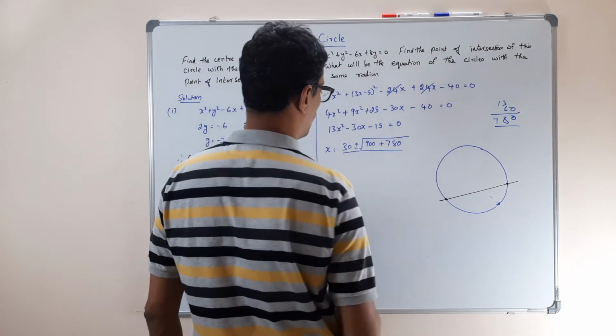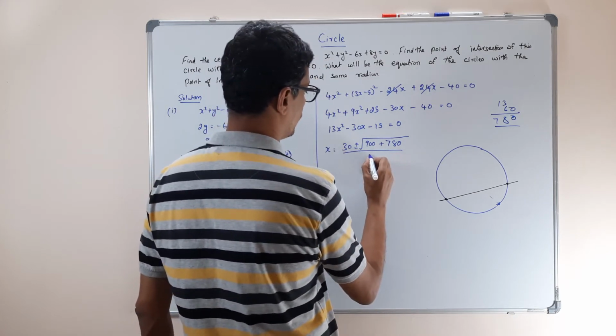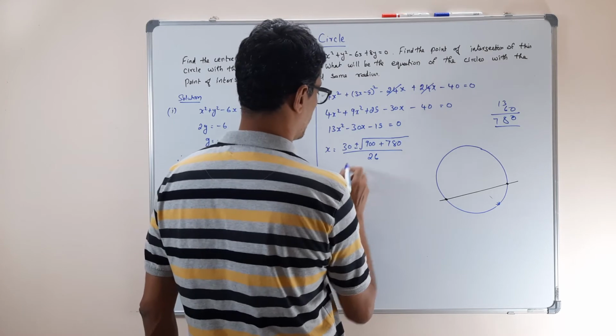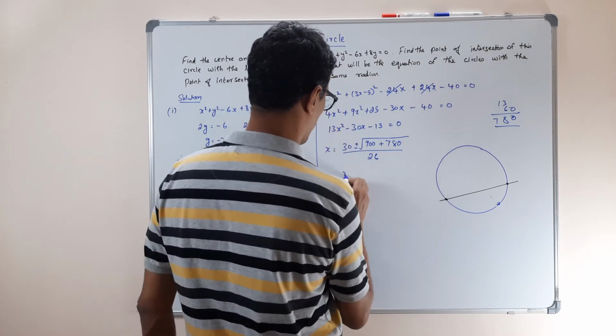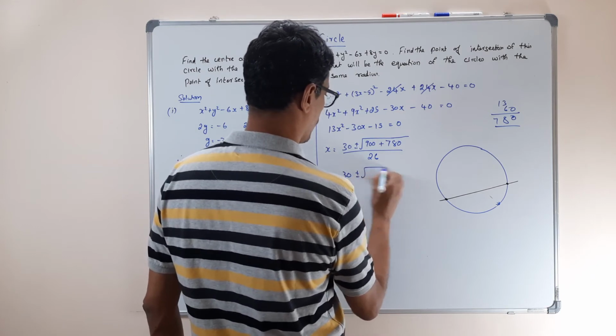Divided by 2 times a, that is 26. So 900 plus 780 is 1680.